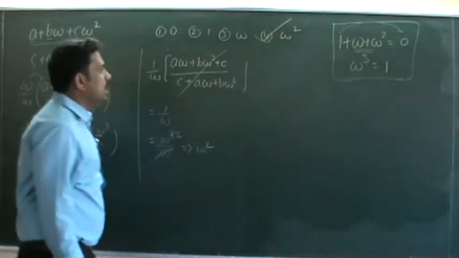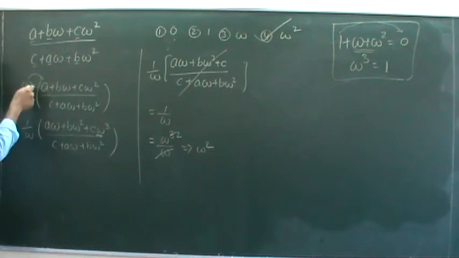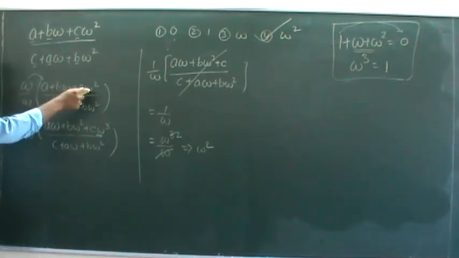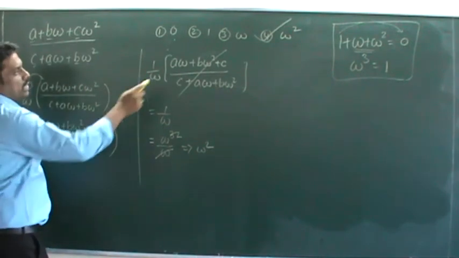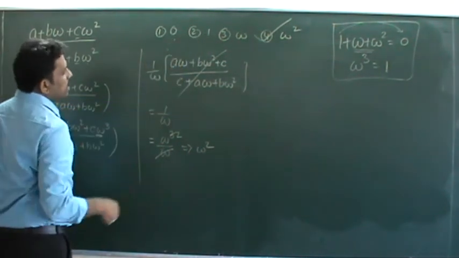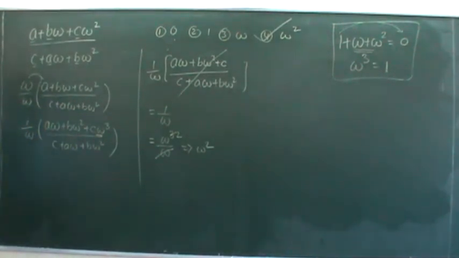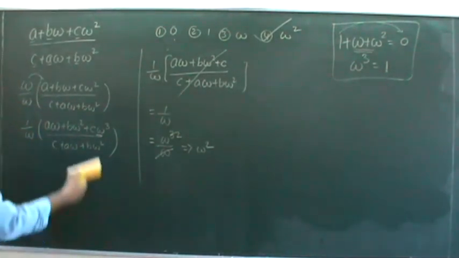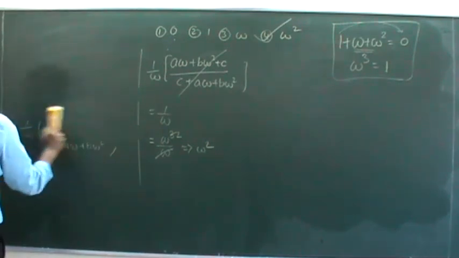It is a simple method: multiply the numerator with omega and divide with omega, aω, bω², cω³. Omega cube means 1, so both cancel and we get 1 by omega. But if the options are not there, then 1 means omega cube, we change it and you will get the answer. This is one of the very important questions asked many times in competitive exams.